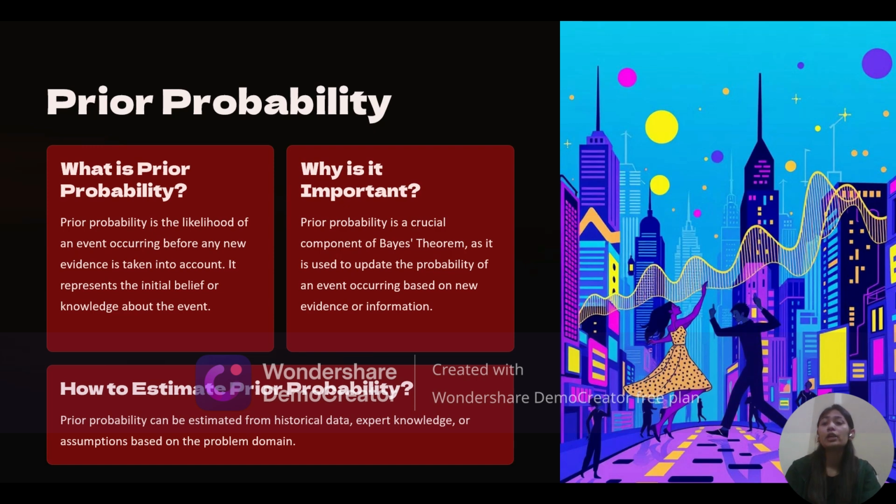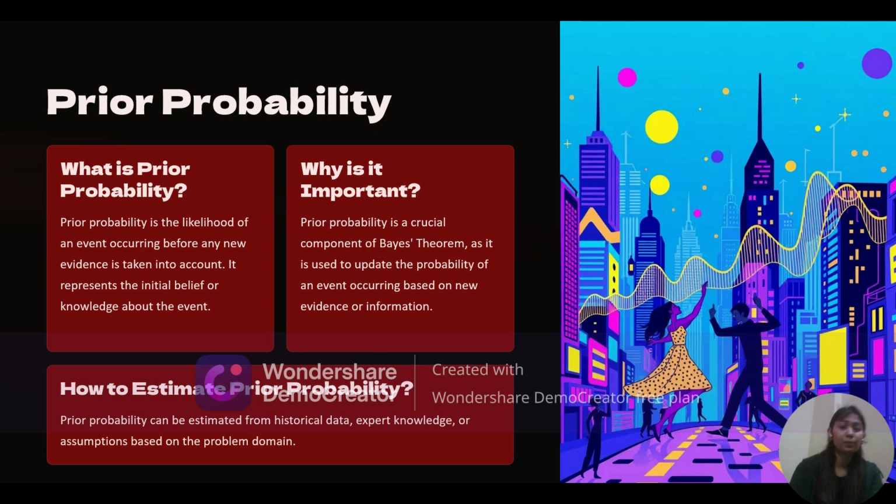Prior probability. What is prior probability? Prior probability is the likelihood of an event occurring before any new evidence is taken into account. It represents the individual belief or knowledge about the event.